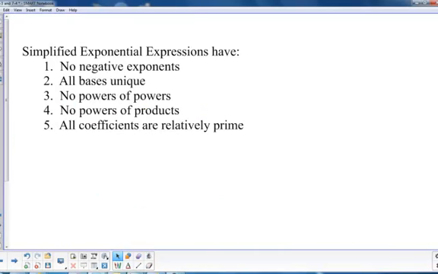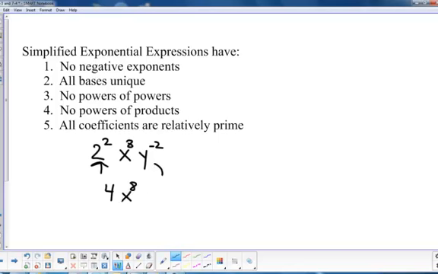So we want to try to not have a negative exponent. We want the same bases to be together. We don't want to have a power of a power or a power of a product. And the coefficients we need to multiply out, if that makes any sense. So basically everything we were just doing in your final answer, if you had like 2 squared x to the 8, y to the negative 2, you would want to do that.